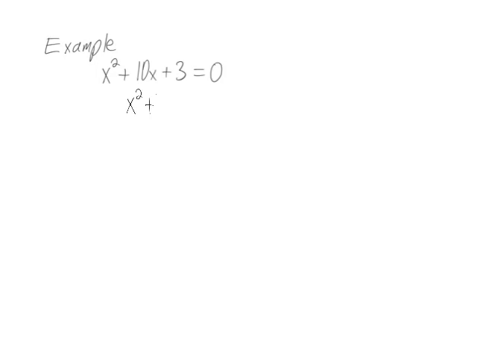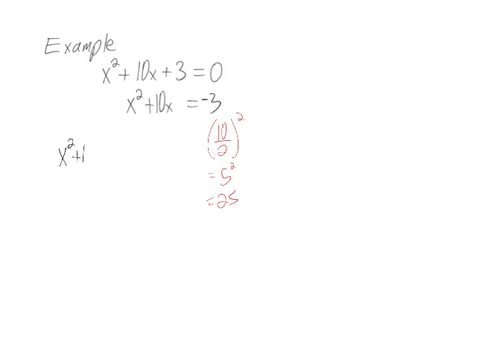So we subtract 3 from both sides. Okay, and then we need to take half the coefficient on x and square it. That's going to be 5 squared, which is 25. So 25 is the value that we'll be adding back to both sides.